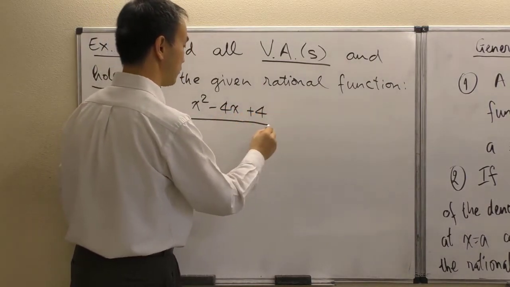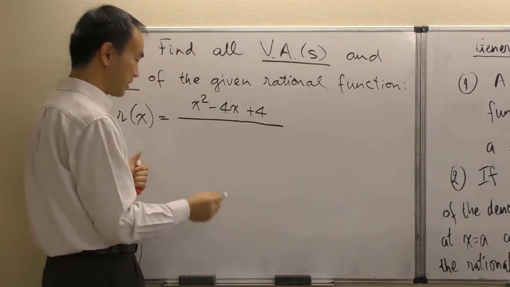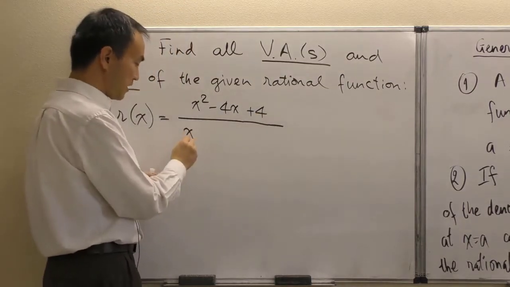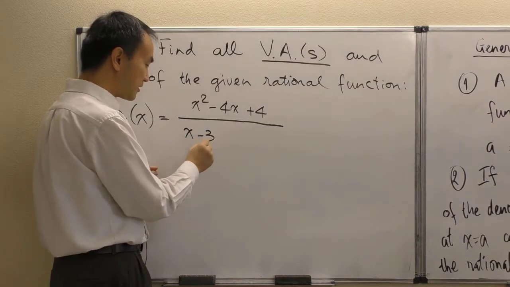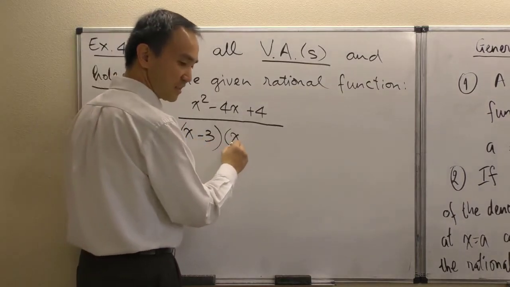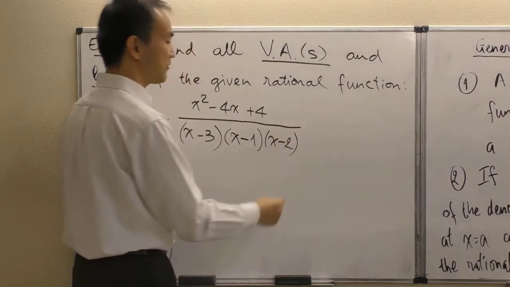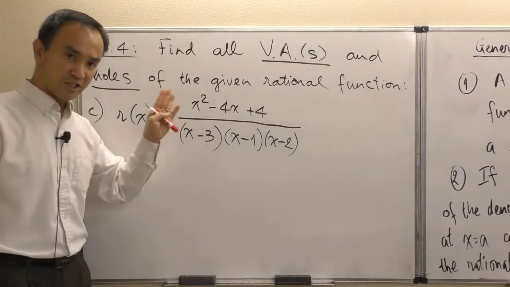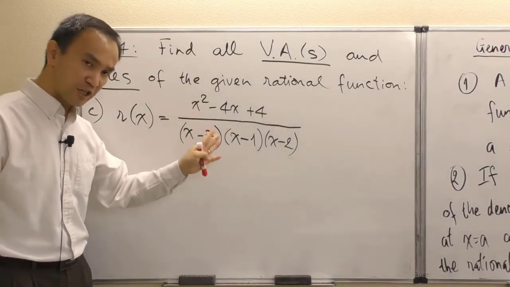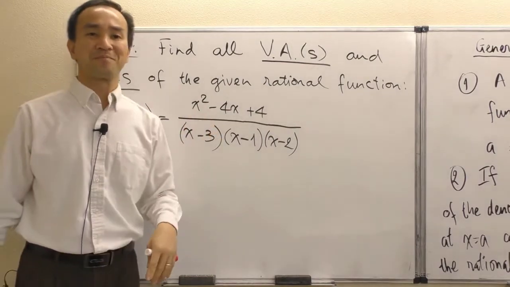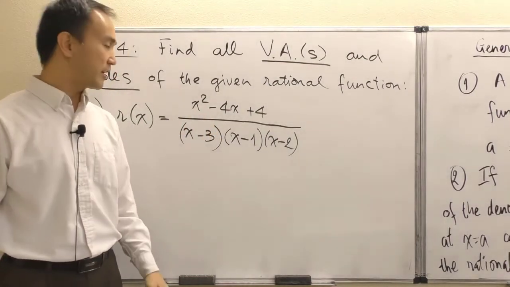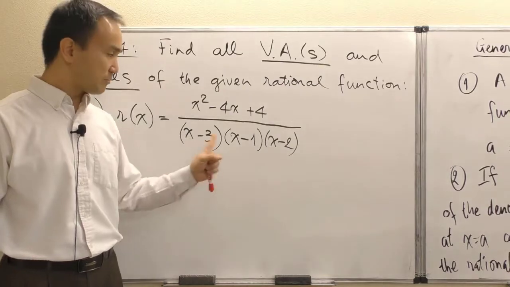With our function currently displayed here, this time our denominator is already in factor form: x minus 3 times x minus 1 times x minus 2. So it saved some effort for us. It's a polynomial, but it's already in factor form.